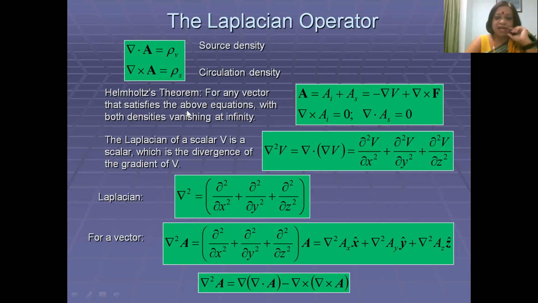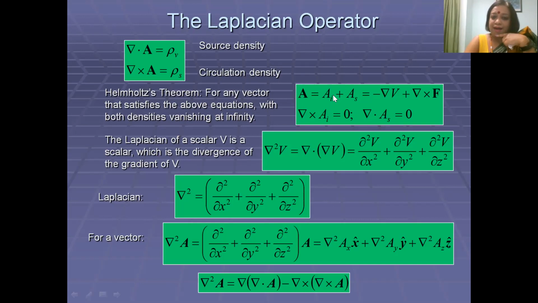Now, the Helmholtz theorem tells us that for any vector that satisfies the above equations, with both densities vanishing at infinity, so the source density is present within a finite volume but at infinity there is no source, and similarly the circulation density also vanishes at infinity, in such a situation you can take this arbitrary field A, which has a non-zero divergence as well as a non-zero circulation, and express it as the sum total of two separate vector fields, AI and AS.